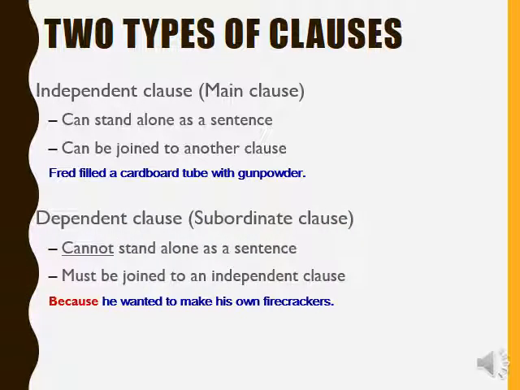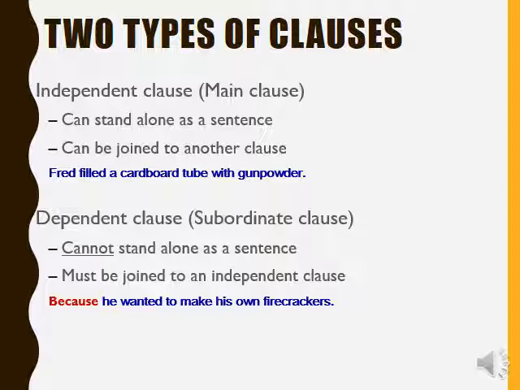The second kind of clause is the dependent clause or the subordinate clause. The subordinate clause cannot stand alone as a sentence because it doesn't give a complete thought or a complete idea like the independent clause, and it must be joined with an independent clause to form a complete sentence.